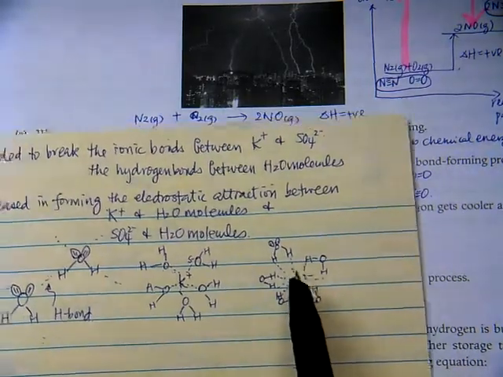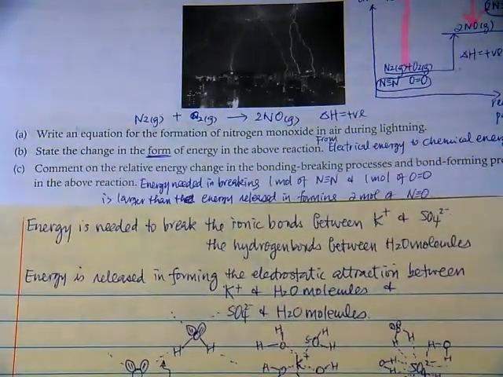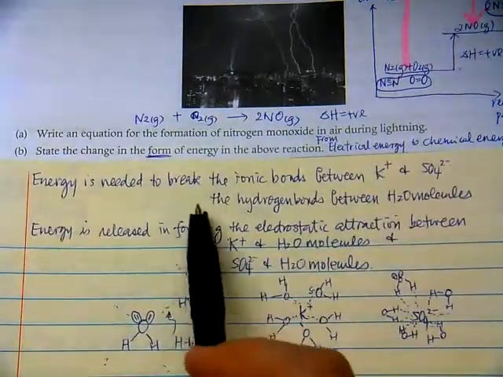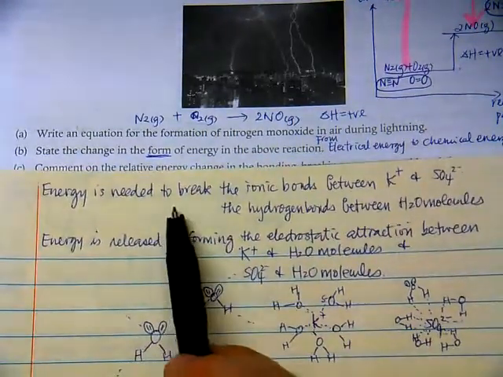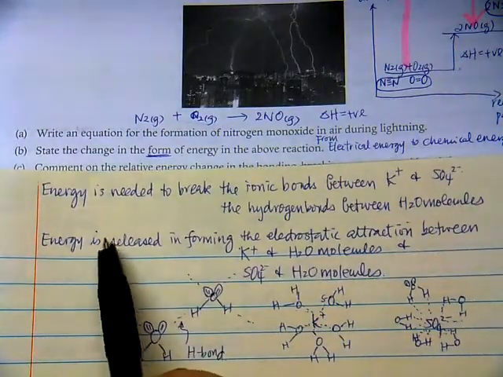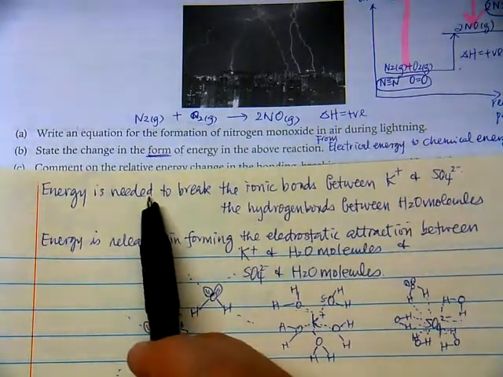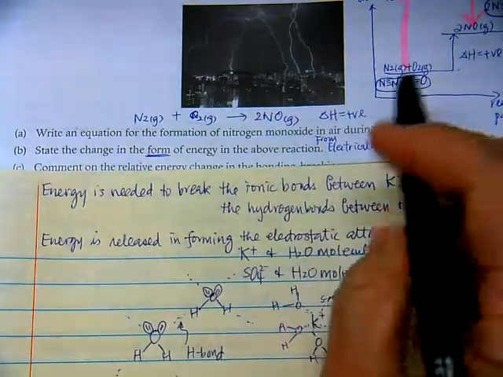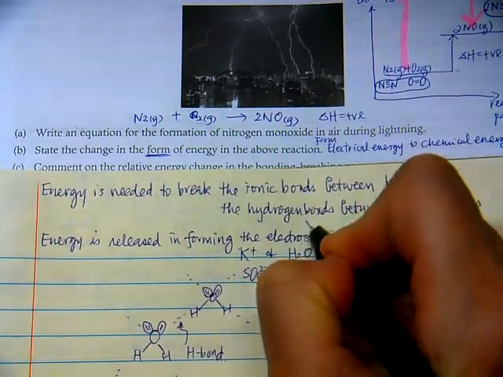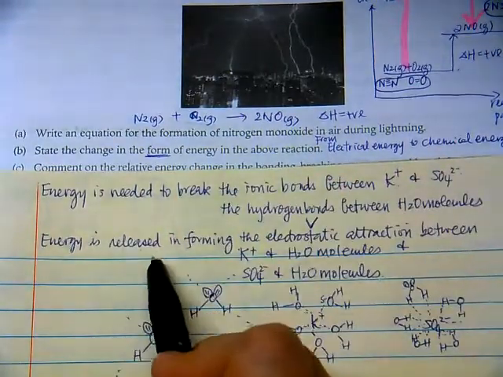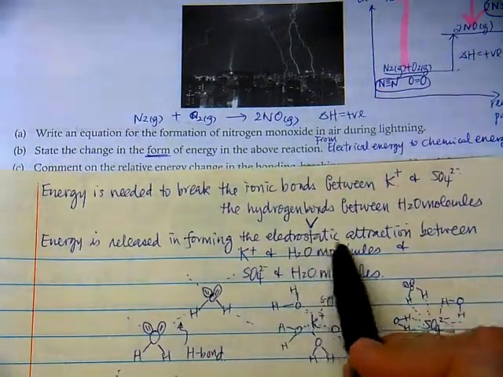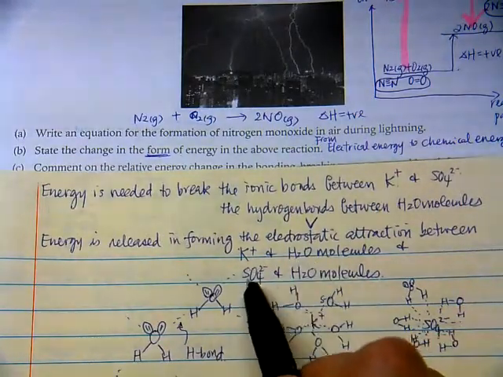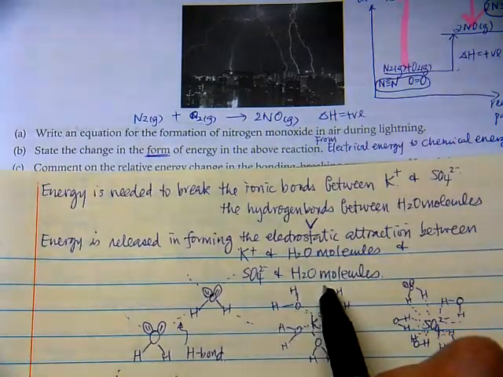Okay, now the reaction is endothermic. Can you tell me which one is larger? Endothermic. That is, the energy needed to break the ionic bonds between potassium ion and sulfate ion should be larger than the energy released in forming the electrostatic attraction between potassium ion and water molecules and sulfate ion and water molecules.